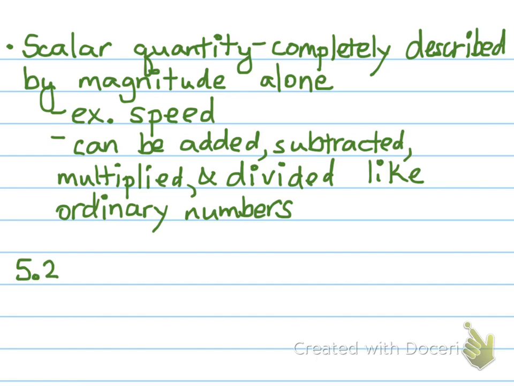Section 5.2 is titled Velocity Vectors. So we're going to be talking about using those arrows to represent velocity.